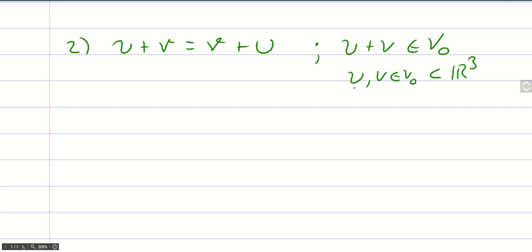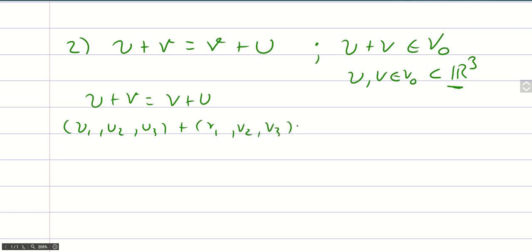So u and v are going to satisfy the same axioms as R3. That means this condition, they commute. It's just a matter of picking (u1, u2, u3) plus (v1, v2, v3). This equals (u1 plus v1, u2 plus v2, u3 plus v3).